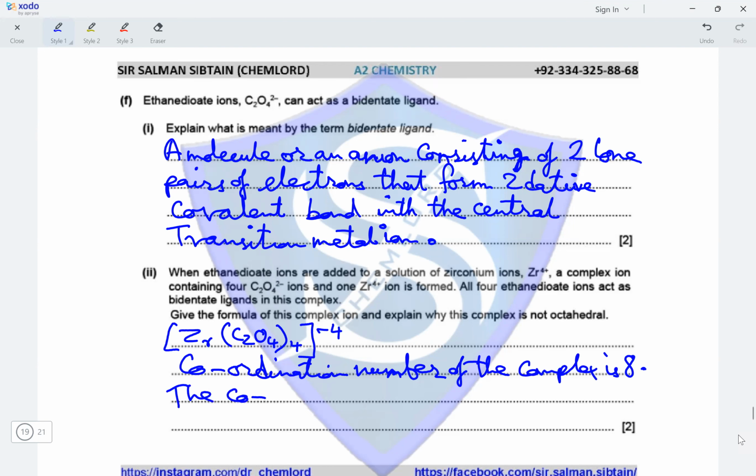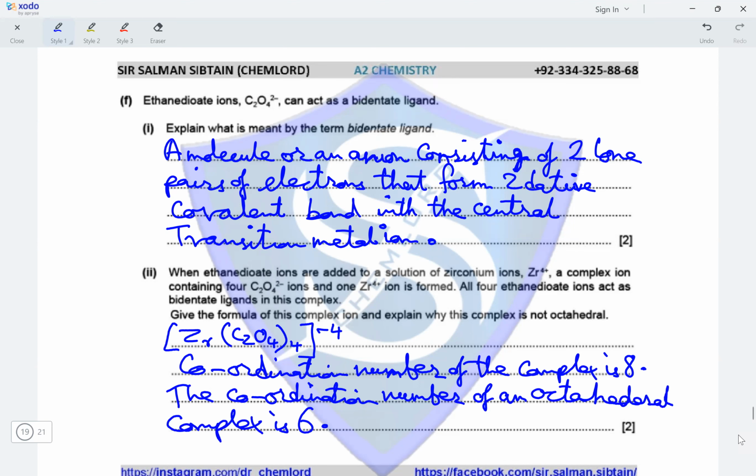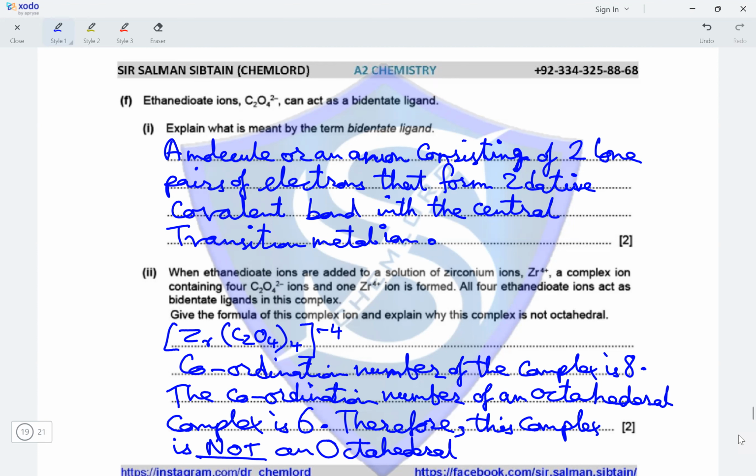The coordination number of an octahedral complex is 6. Therefore, this complex is not an octahedral complex.